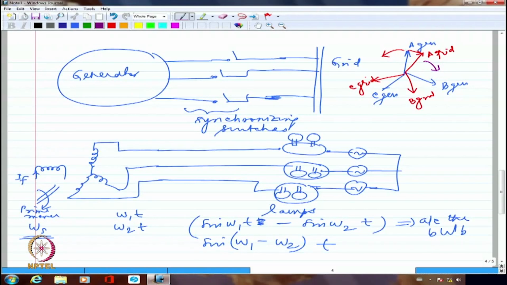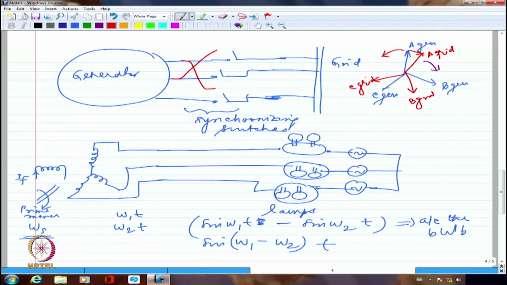So if the phase sequences are different, the only way I can fix it is to interchange these two connections. So I have to put this here, put this here. That is the only way out. I have to just interchange two of the terminals. If the phase sequences are wrong, I can't change the infinite bus.